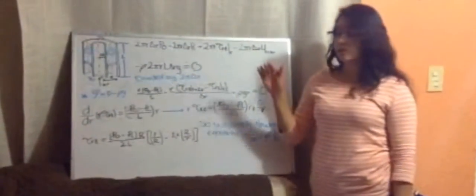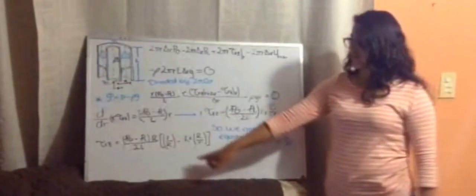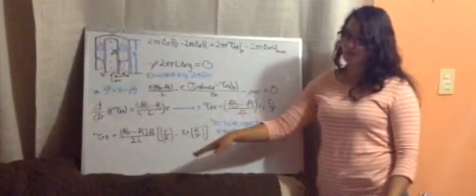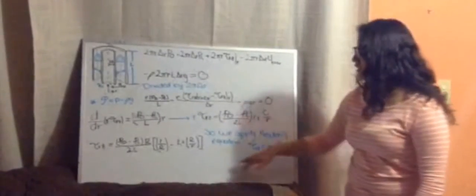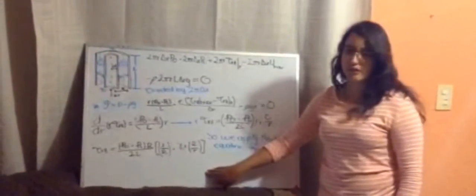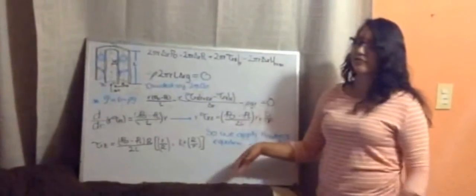Substituting this equation yields that the stress is equal to the difference between P0 minus PL times R divided by 2L, times the difference of r divided by R minus K squared times R divided by r. We have the expression for the stress.